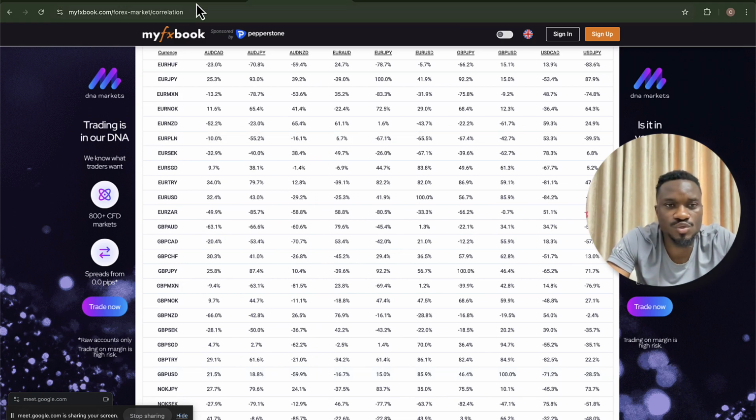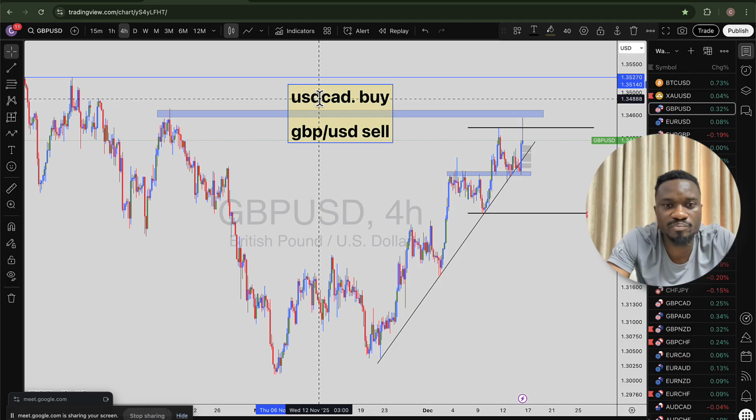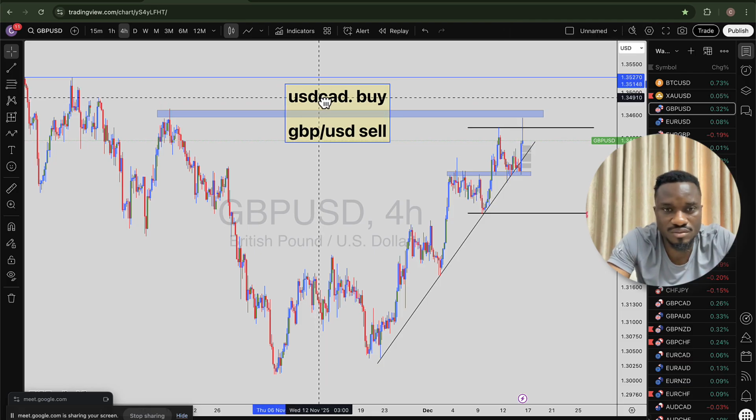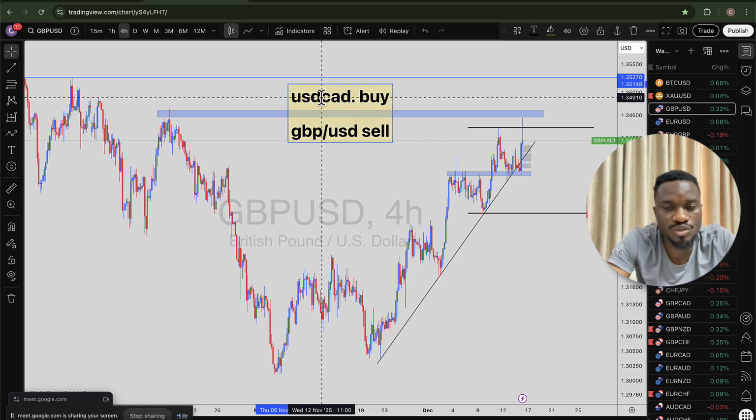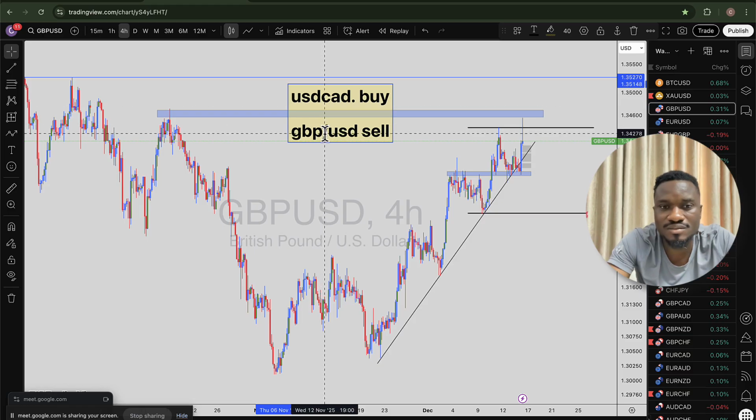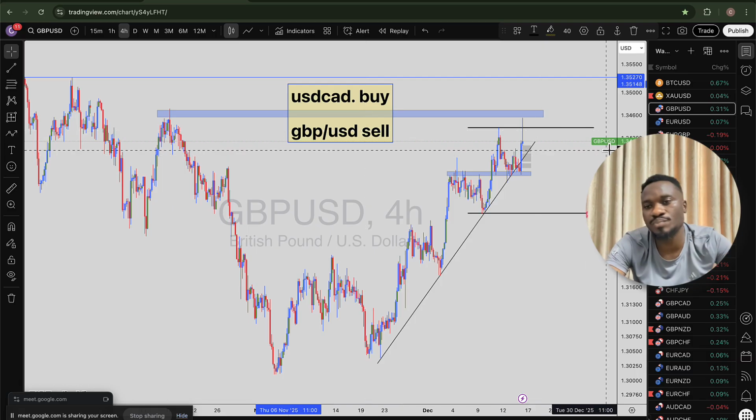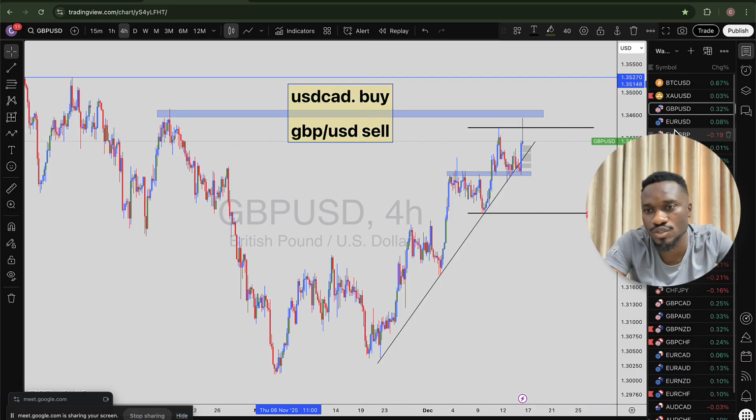So whenever you are trading and you are buying a base currency pair USD, then you shouldn't be selling the same USD base. If you are selling USD, which is the base, you shouldn't at the same time be buying that USD again. Now check the currency pairs I have on the right hand side of my screen.